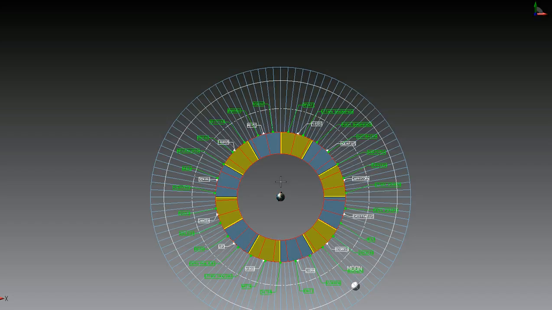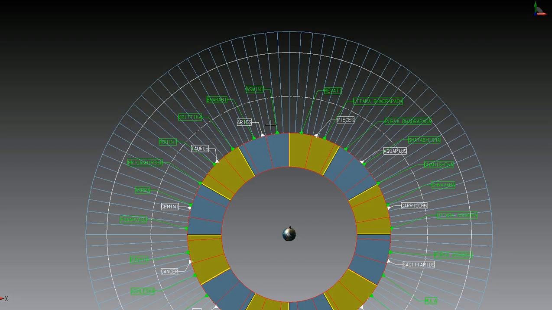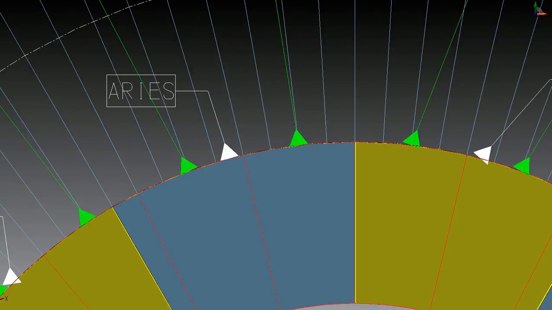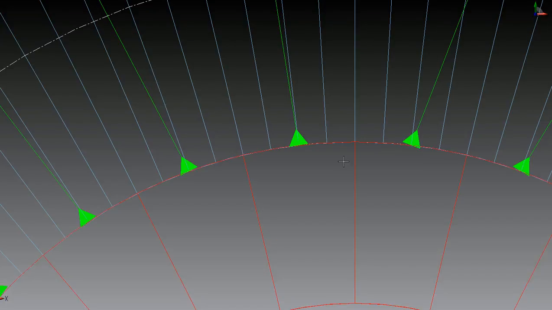To start with, rashis are 30 degrees long, nakshatras 13 degrees 20 minutes, and then padhas. Each padha is 3 degrees 20 minutes long. So because of that, this is one nakshatra, this is another nakshatra, and every nakshatra is separated into 4 padhas.